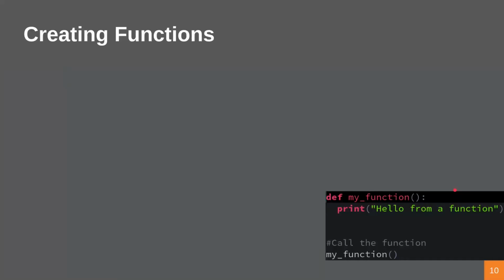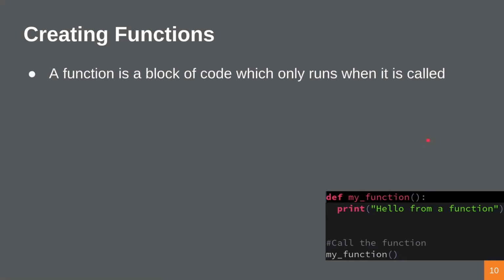So when we want to create a function in Python, we're going to use a keyword, and that keyword is def, and def is short for define. Okay, so a function is a block of code that only runs when it's called.